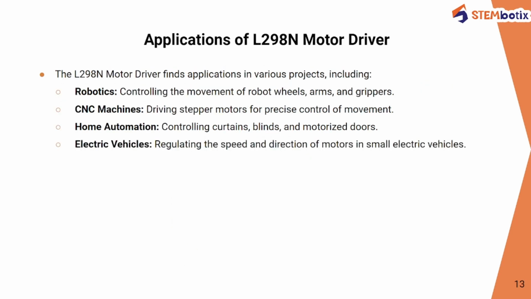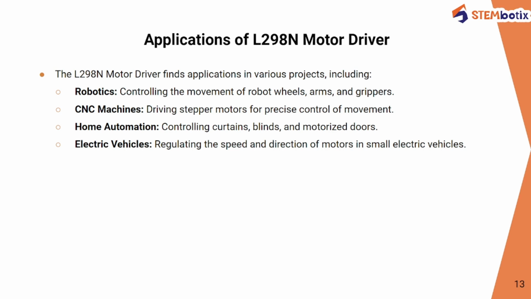Now let us see the applications of the L298N motor driver, that is, where this particular module can be used. It has a wide range of applications. For example, in robotics, to control the movement of robot wheels, arms and grippers. In CNC machines, they are used for driving stepper motors for precise control of movement.